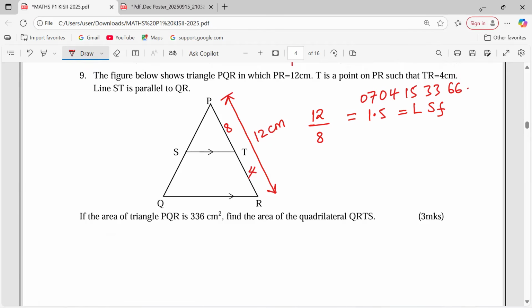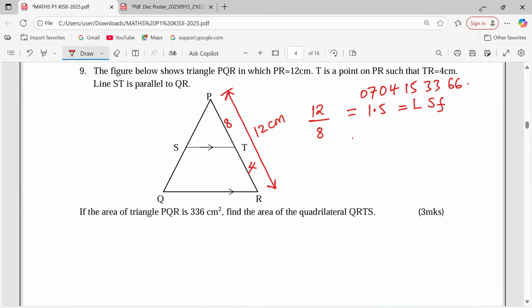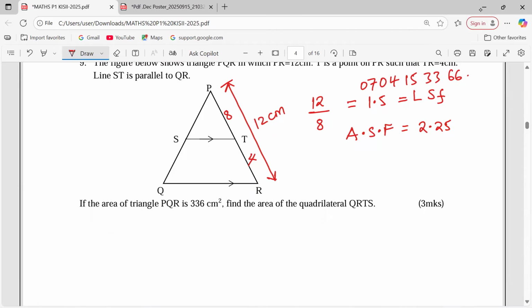Now, with linear scale factor, we can talk about area scale factor, which is supposed to be linear scale factor squared, and that is 2.25. That is the area scale factor. Now, we are given the area of the larger triangle, which means we can find the area of the smaller triangle. So the area of the smaller triangle shall be 336 over 2.25.